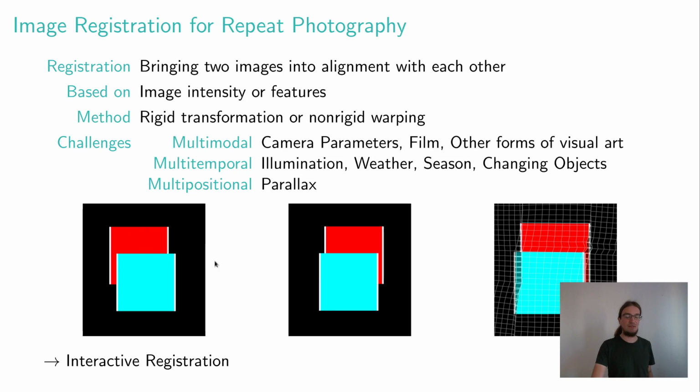And this then leads to loss of information, so here we do not know how the red rectangle looks behind this area, and in this contemporary image we do not know how it looks here.